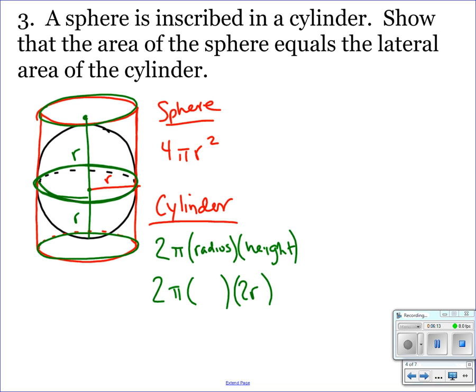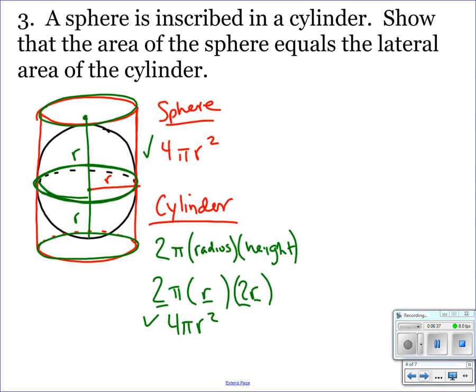So the radius of the sphere is equal to the radius of our cylinder, that's why that is r. 2 times 2 is 4, r times r squared, and we have a pi in there. So the surface area of our sphere equals the lateral area of our cylinder.